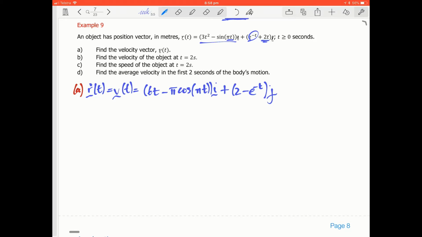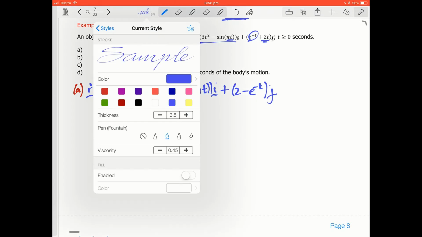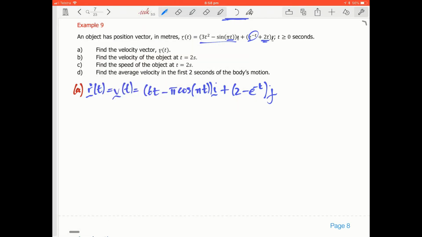From here, we need to find our velocity of our object when t equals 2. So we want to find r dot of 2.